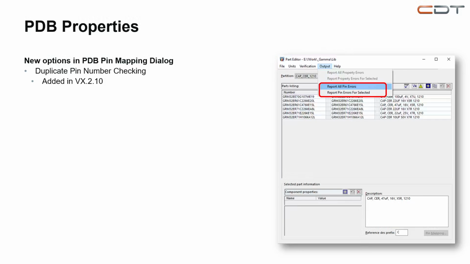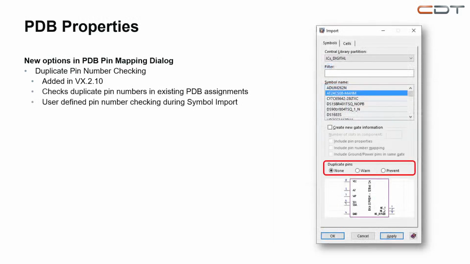You can reach it using the menu Output, Report, All Pin Errors or Pin Errors for Selected. It checks duplicate pin numbers in existing PDB assignments and can check user-defined pin numbers during the symbol import. There are three options: no check, warn, or prevent.